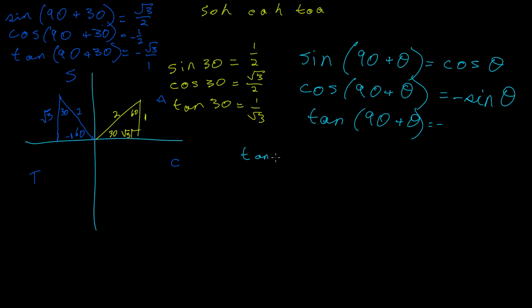Tan of theta is 1 on cotan theta, and well, cotan theta is 1 over tan theta. So let me remove this just to make this look a little bit neat. This is going to be negative cotan theta. So I hope this makes sense to you.